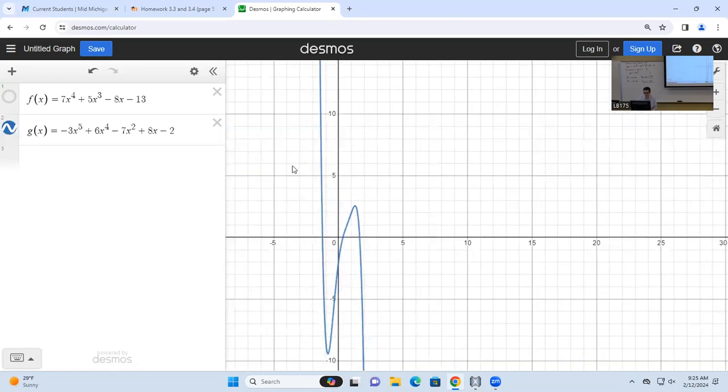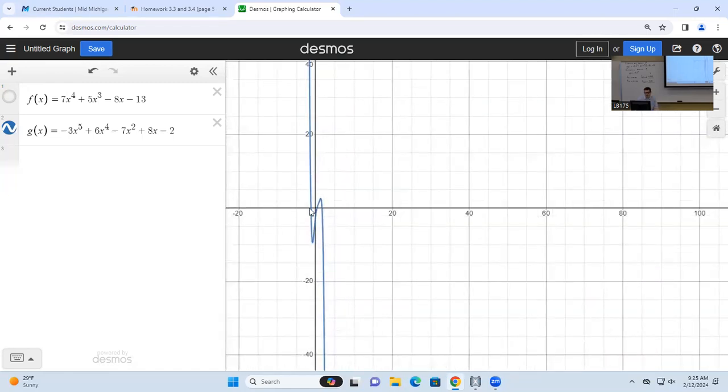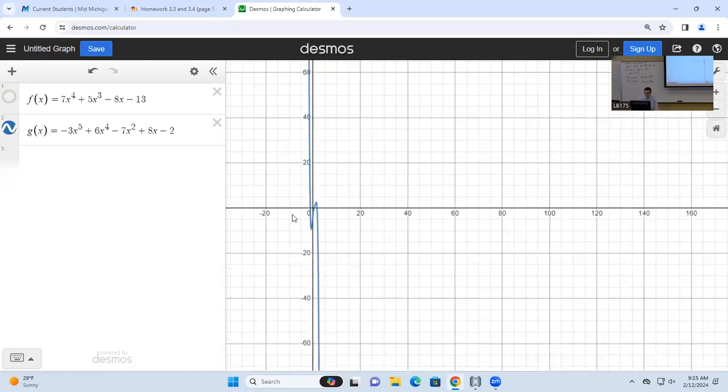There we go. Again, we get some really awkward looking shape in the middle. But if I scroll out and ignore the middle, what's happening? To the left, it goes off to infinity, and moving towards the right, it goes off to negative infinity.